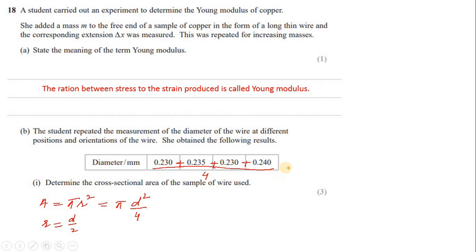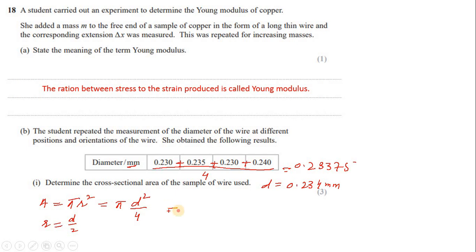So your diameter will be 0.23375, and then you can round it off to 3 decimal places. So you can say that the diameter is 0.234 millimeter.